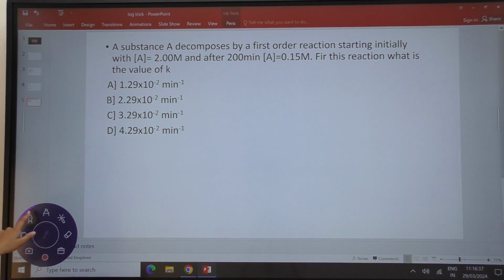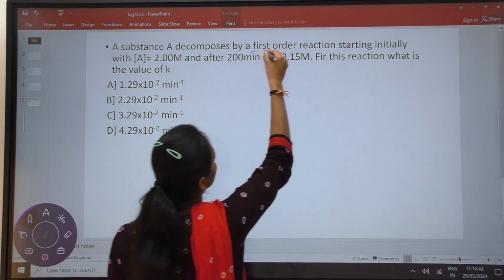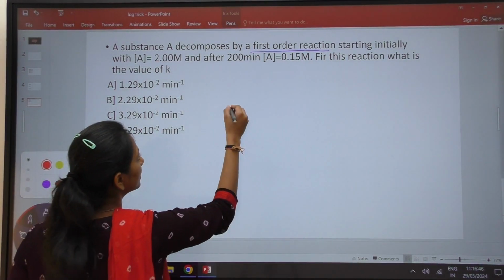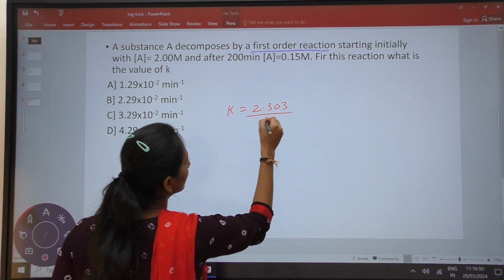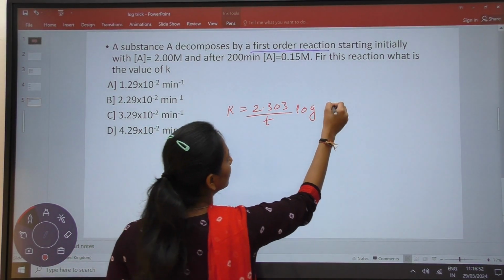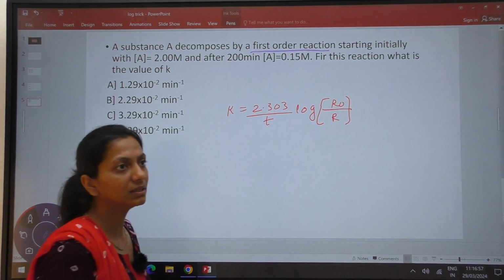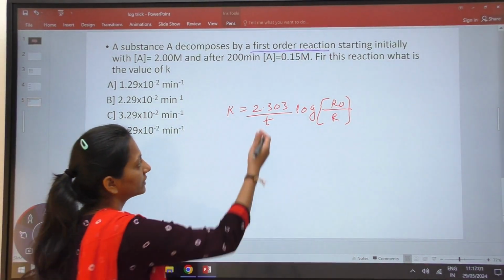Okay, in this question it is already given. What is the question? A substance A undergoes a first order reaction. So what will be the formula for the first order reaction? We know K is equal to 2.303 divided by t, log of initial concentration divided by the concentration after time t. R0 is the initial concentration and R is the final concentration after time t.